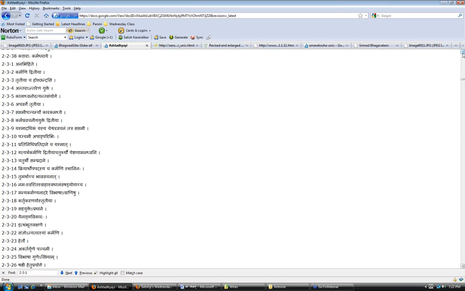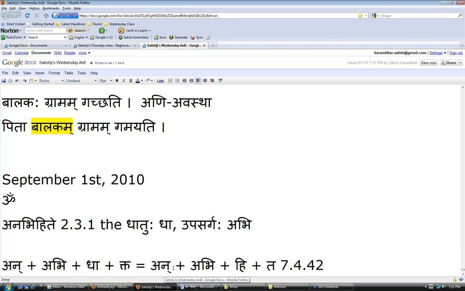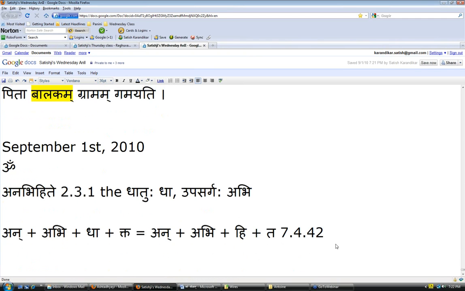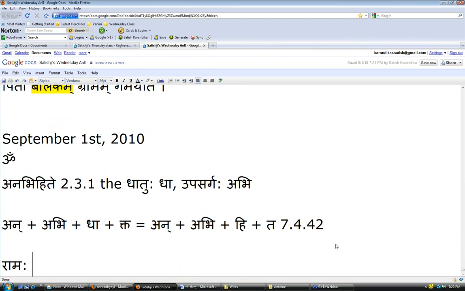So Rama here is abhita, because something is already known about Rama from the word. Rama has become abhita. If we take Ramaha Sitam Pashyati, here Rama is abhita.